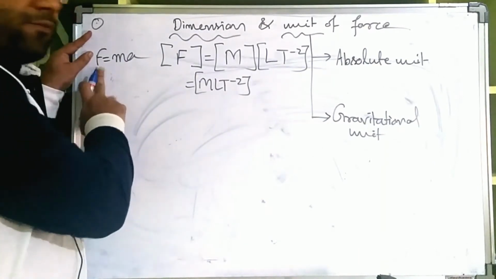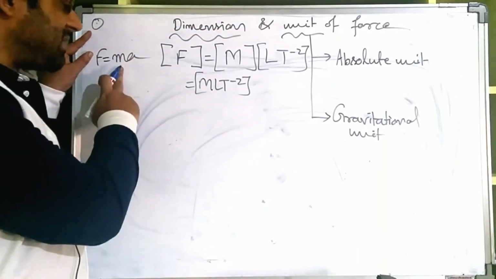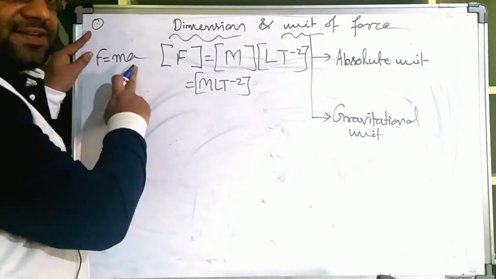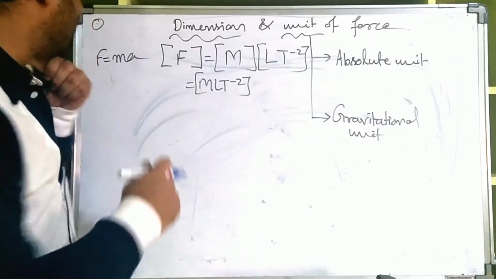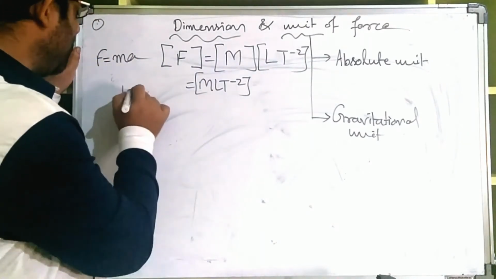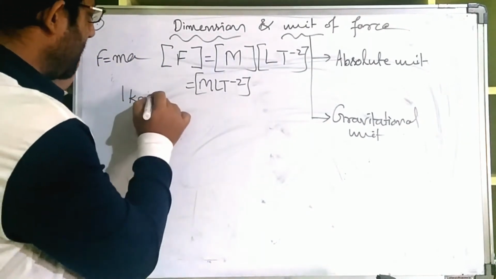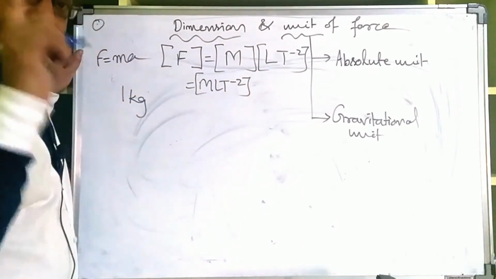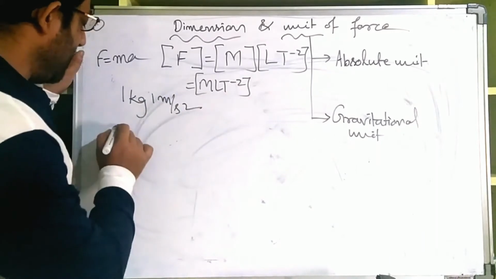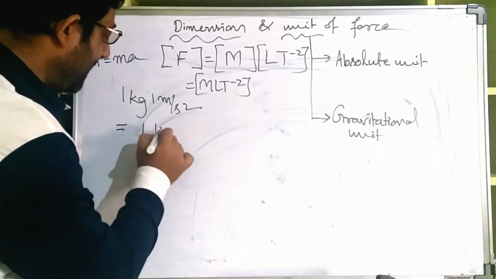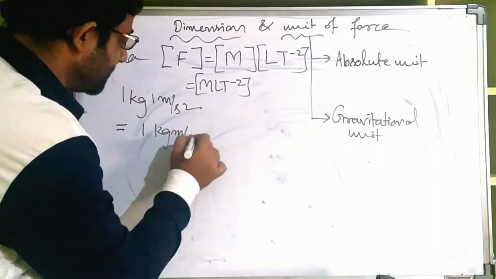Now, the force required to move unit mass with unit acceleration is called unit of force. Then, this is 1 kg multiplied by unit acceleration, meaning 1 meter per second square. This is equal to 1 kg meter per second square.